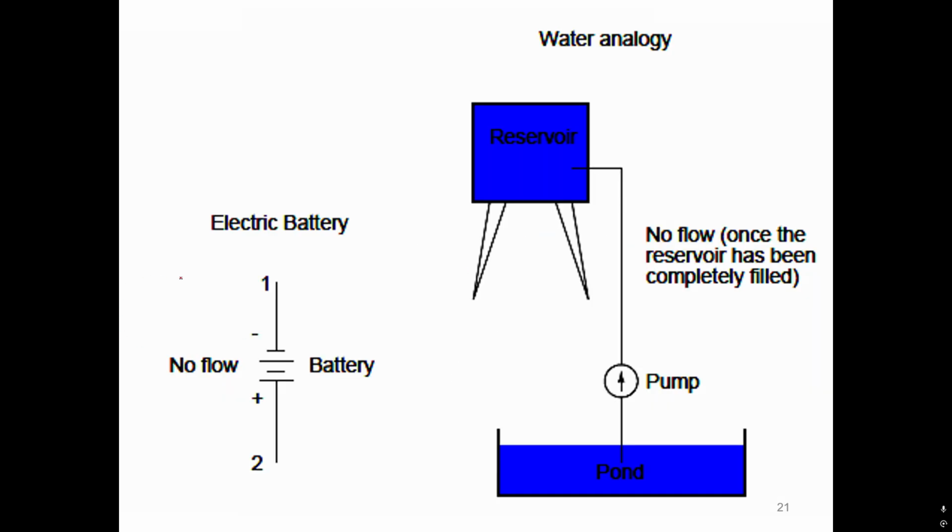This is similar to a battery, right? The positive potential of the battery is equal to the reservoir, negative potential equal to the bottom pond. But here there is no flow, just at a higher potential energy is stored.